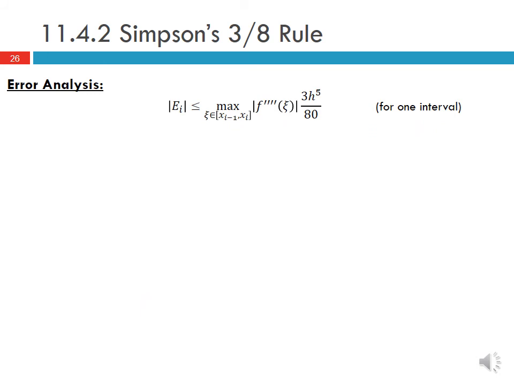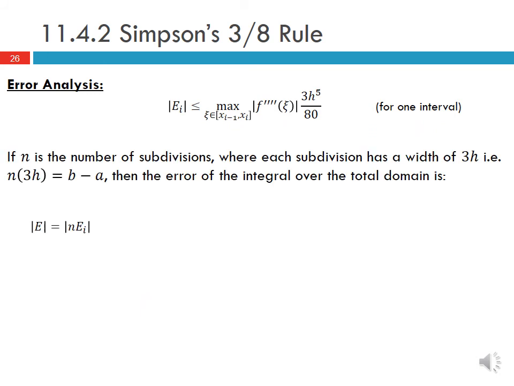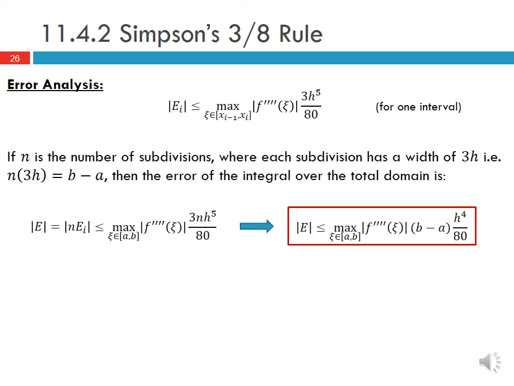So that was for one interval. If n is the number of subdivisions where each subdivision has a width of 3h, so n times 3h is equal to b minus a, then the area of the integral over the total domain is equal to n times the error on one interval. Just multiplying our expression by n, and using this relationship between n, h and b minus a, we can see that the error over the total domain is related to the fourth derivative evaluated at c times (b minus a) h to the power 4 over 80.